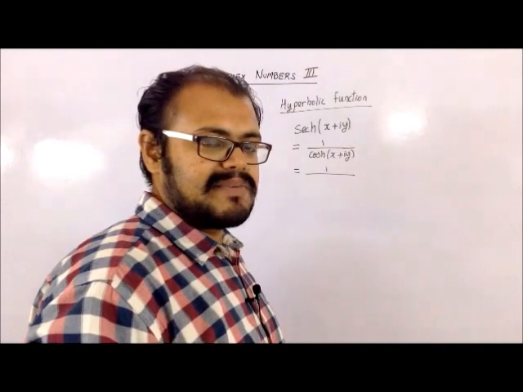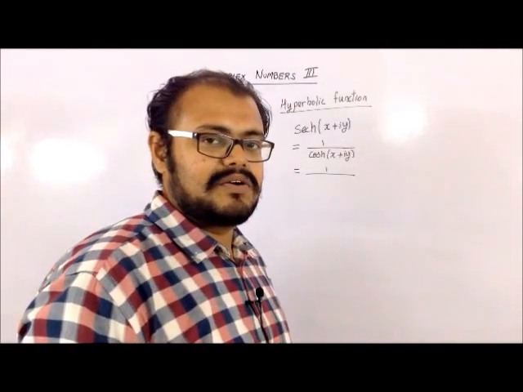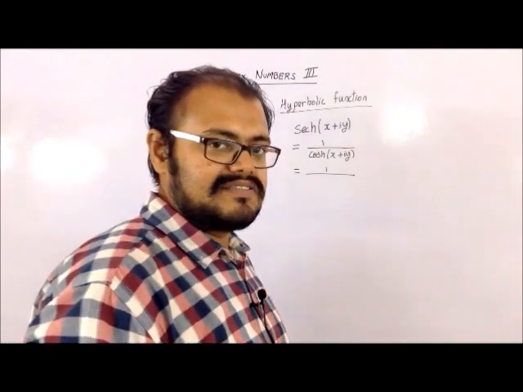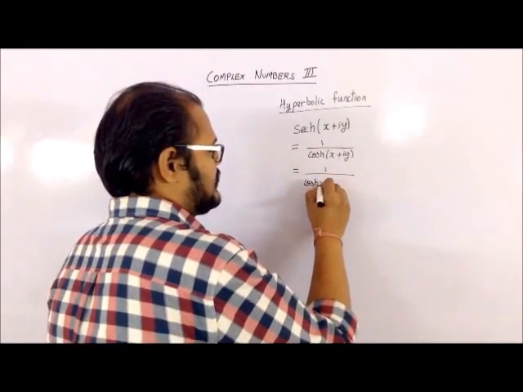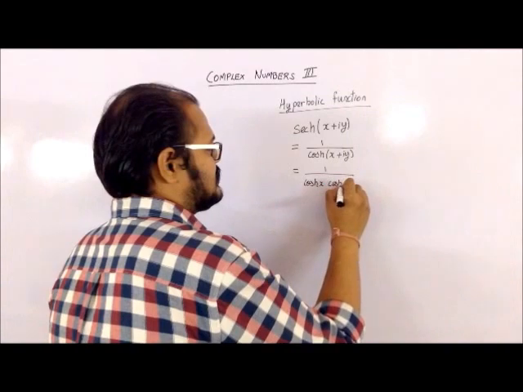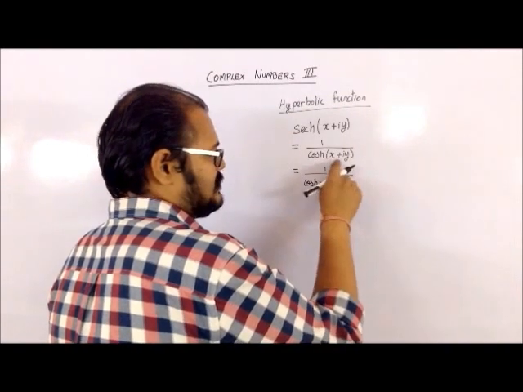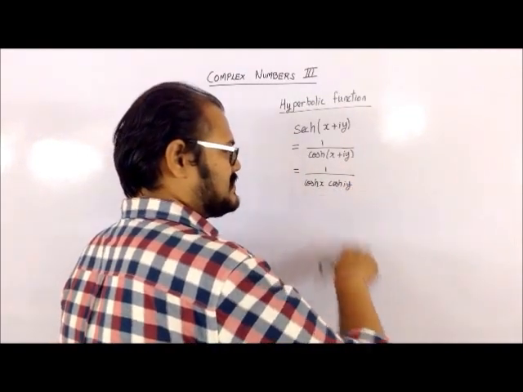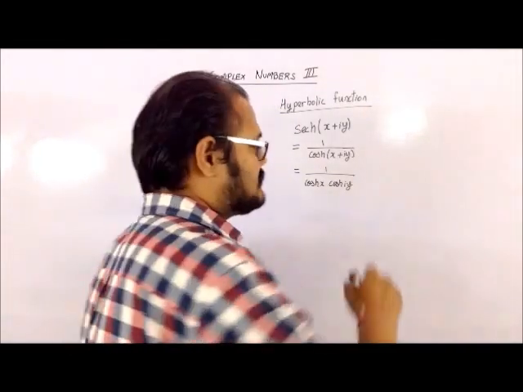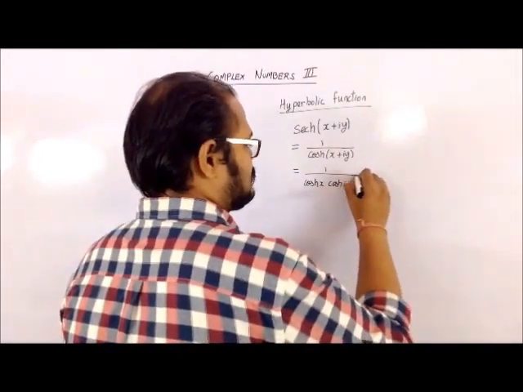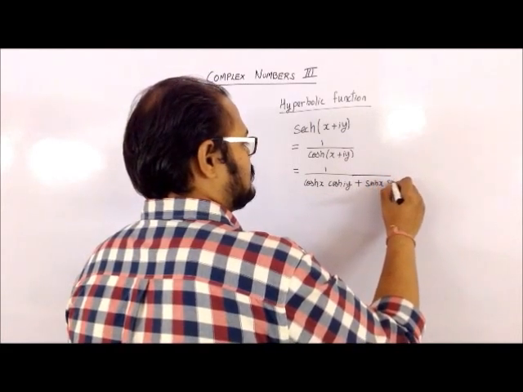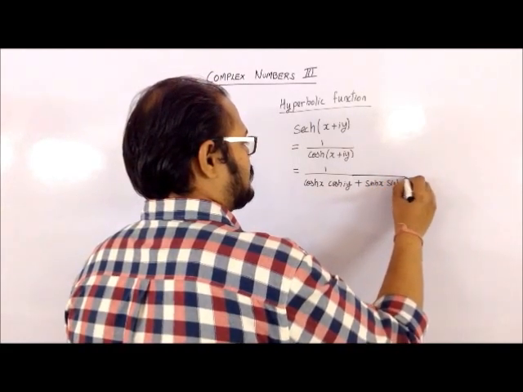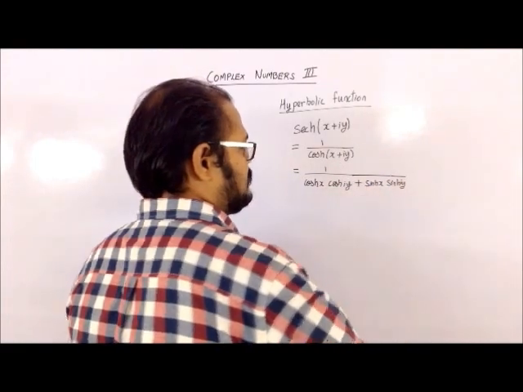Now cos h of a plus b, just like our cos a plus b, has the formula cos h x cos h iy, but instead of having a minus which is present in cos a plus b, it's going to have the value plus sin h x sin h iy.